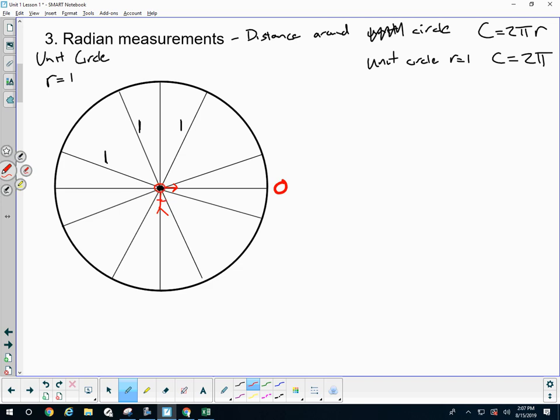Now I can either look up or I can look down. I'm adding to my angle created, which is adding to the distance. If I look up, we'll call that adding to an angle.